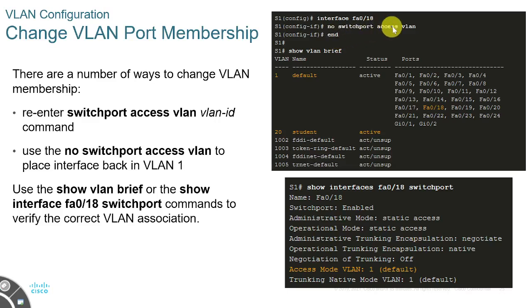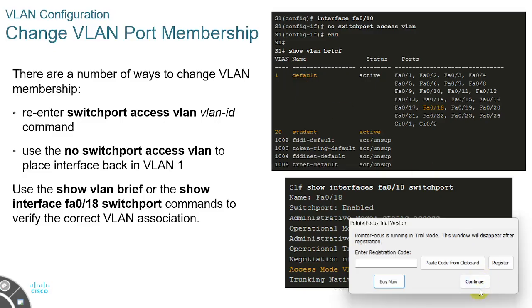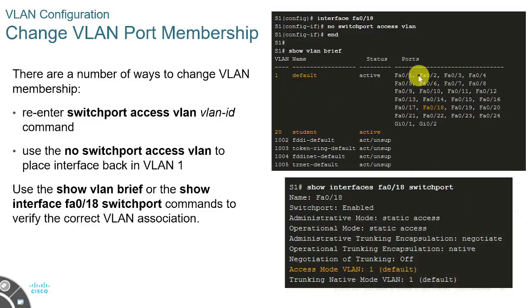So no switchport access vlan places the interface in VLAN 1 here, right? It's for VLAN 1. You see the port. So the port becomes part of VLAN 1.